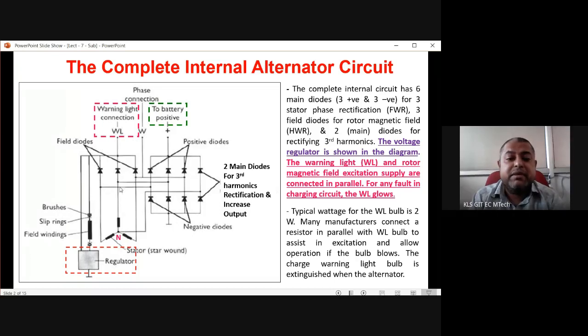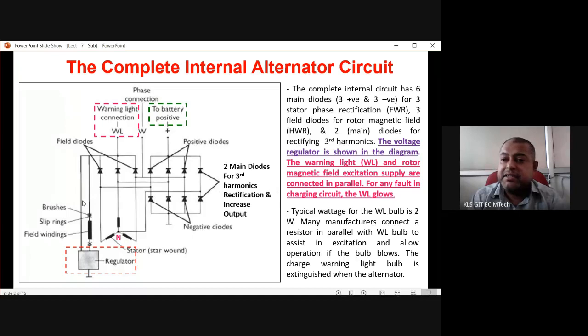The same supply from RYB is coming to this half wave rectifier, and this is going to the warning light. So here this is less DC because this is half wave rectified. This half wave rectified output is going to the warning light. Ignition is also connected in series with it. The same half wave rectified DC is coming to what is called the field coil, or the rotor coil of the alternator.